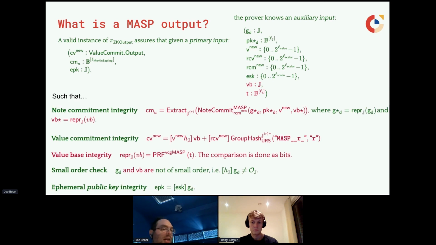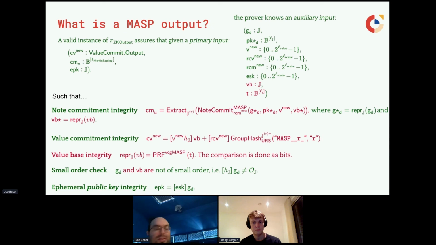And that's not true in the output circuit. Because here, the user, whoever the prover is of the output circuit, whoever's creating the new note, is actually creating a new note. And they can otherwise put any value, any elliptic curve point they want in VB. And they can create crazy asset types, any elliptic curve point that they want. They can put in the asset type.